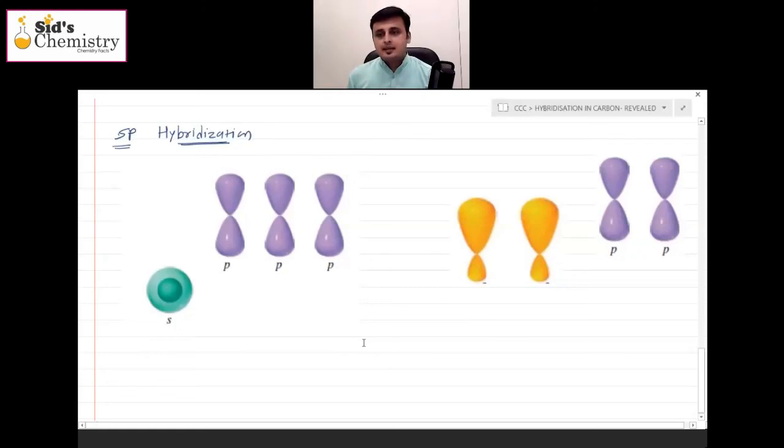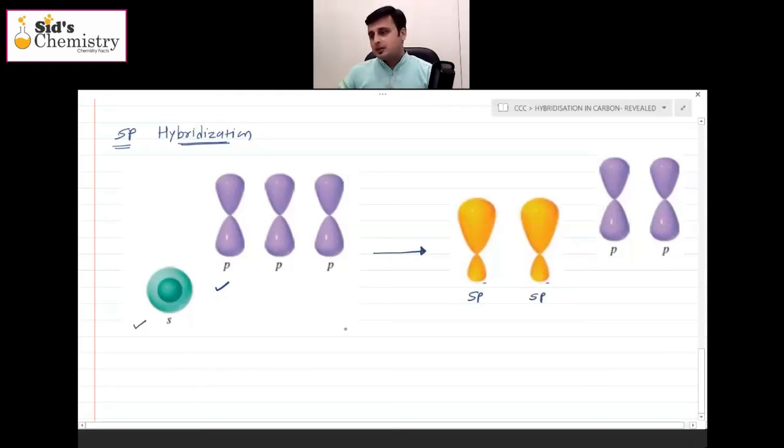Now we will understand sp hybridization. As you can see on the screen, one s orbital comes in contact with three p orbitals, and when sp hybridization happens, one s orbital and one p orbital combine to form two newly developed sp hybridized orbitals. Here you can see two yellow colored sp hybridized orbitals, which are formed by combining one s and one p orbital.